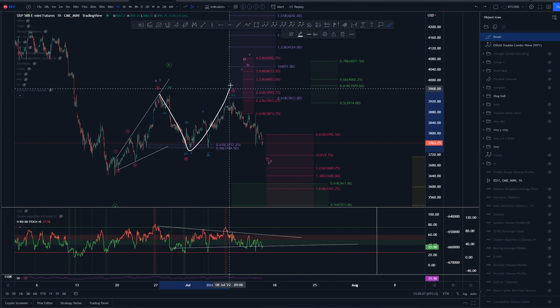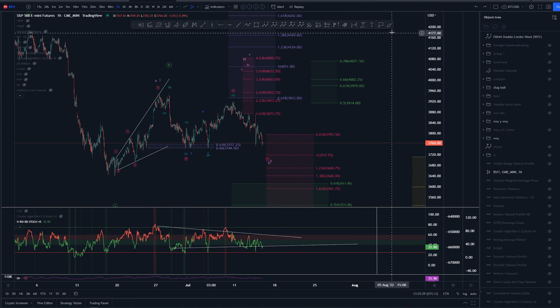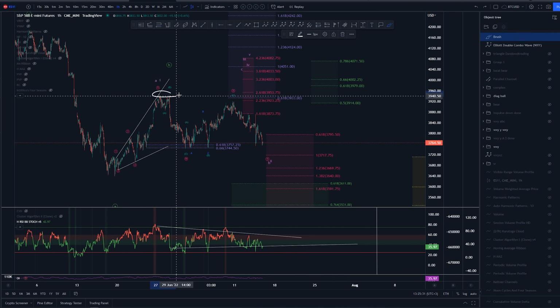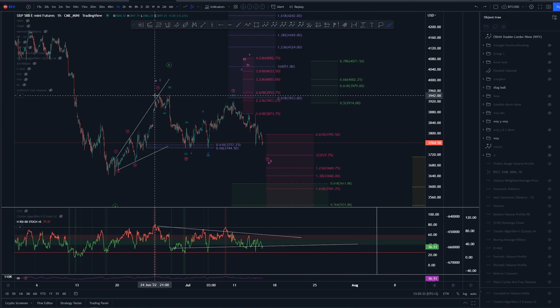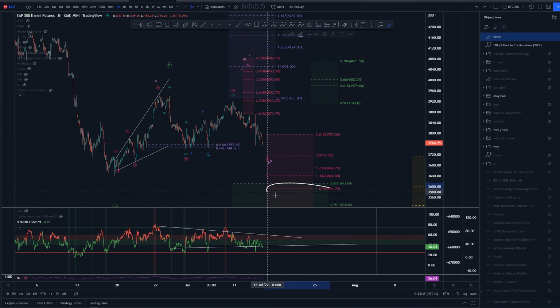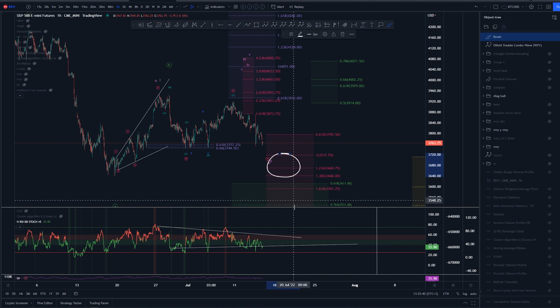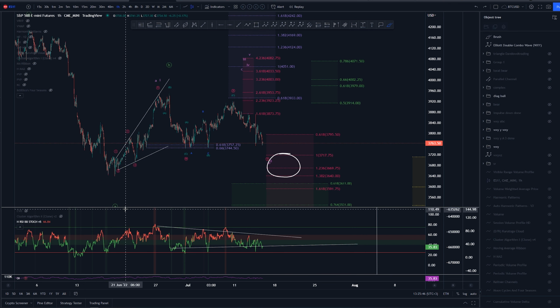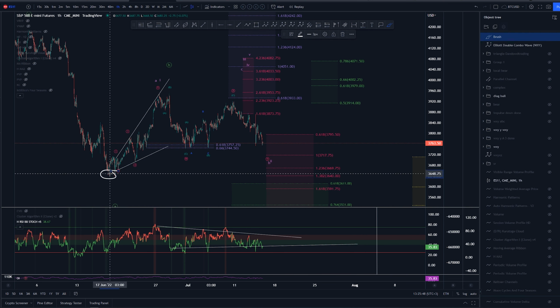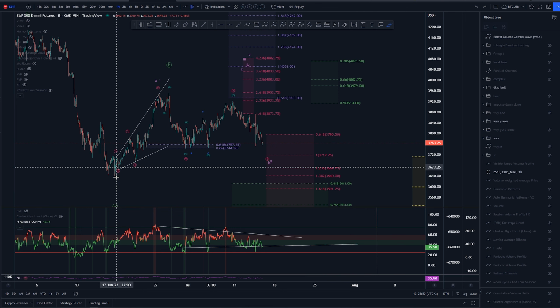If it was going to be an expanded flat, then it would be no problem, but with a WXY and not taking out these highs is questionable extending this far. It definitely can extend to these areas, which are the default targets, 1-to-1 extension to 1.382, again having this same basically pivot down here as we did on these current lows that we had.